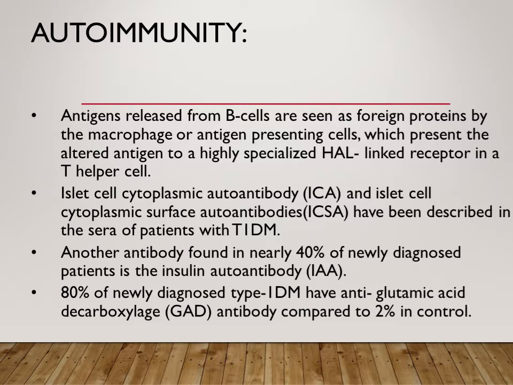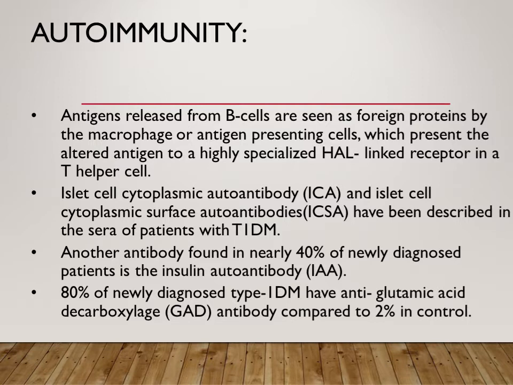Autoimmunity. Antigens released from the beta cells are seen as foreign protein by the macrophage and antigen presenting cells, which present the altered antigen to a highly specialized HLA linked receptor in a T cell. Islet cell cytoplasmic autoantibodies and islet cell surface autoantibodies have been described in the sera of the patients with T1DM.